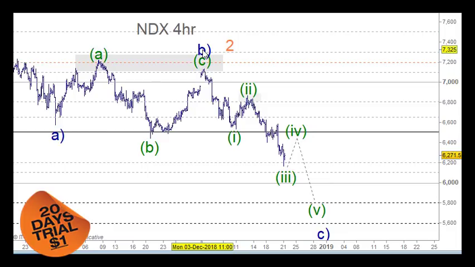from either wave A and an A and a B and a C for the wave B here, then wave 1, wave 2, wave 3, wave 4. So a retest of the medium level here. That's the wave 4 of 1 lesser degree in here, and then down again from that point.